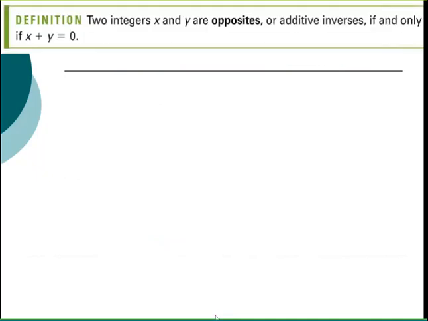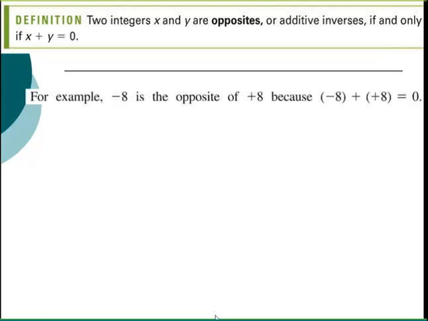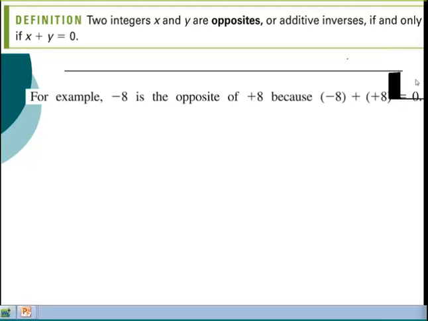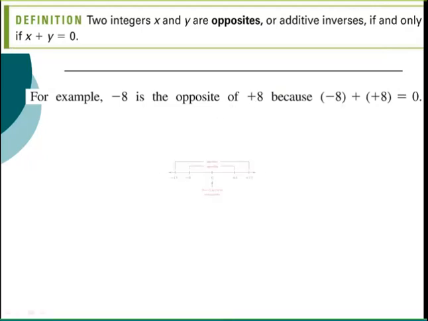So here we've got our definition of opposites or additive inverses, and what it's saying is two numbers are additive inverses if you add them and the result is 0. So here we've got -8 and +8 are opposites because if you add them you get 0, and you probably already knew that.